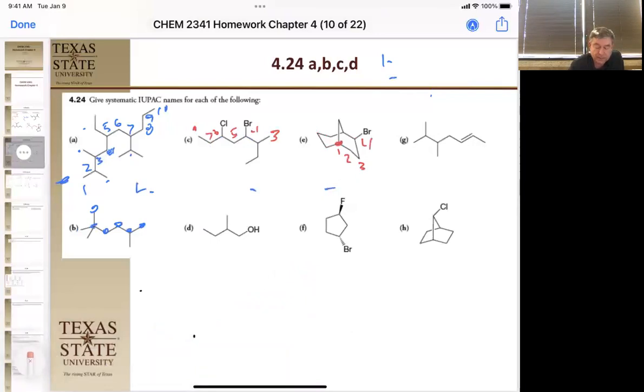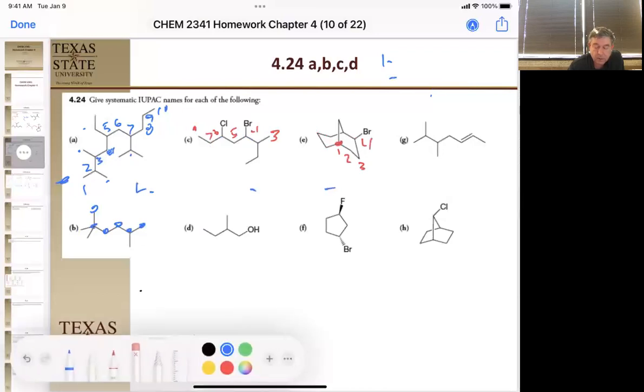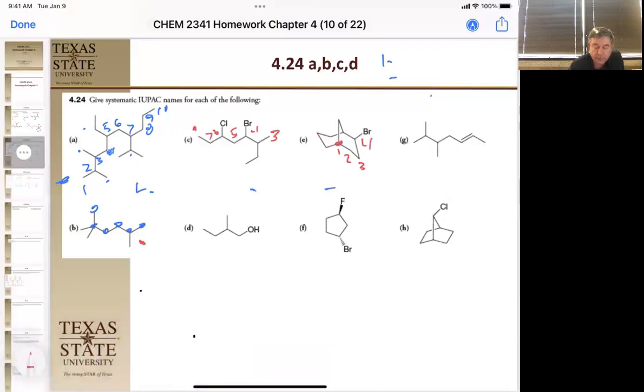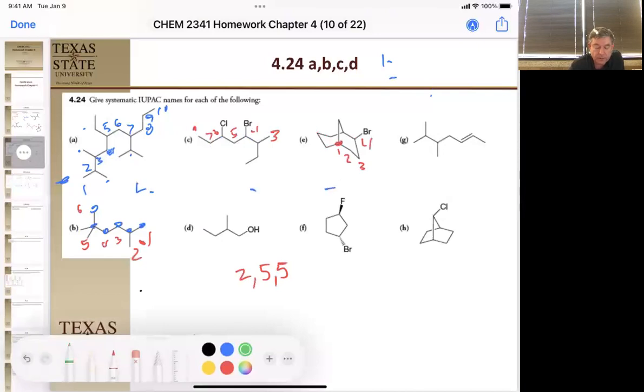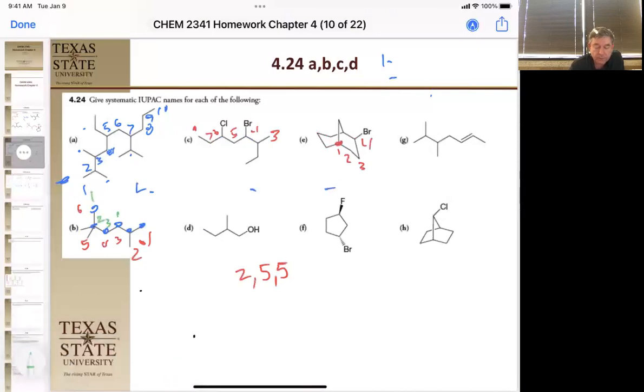All right, so let's see. We have substituents on, if we numbered this way, 1, 2, 3, 4, 5, 6, we would have 2, 5, and 5 in the red numbering system. If you number it from the other way, 1, 2, 3, 4, 5, 6, we would have 2, 2, 5. Do you see that these 2 substituents are going to be on the lowest number if we start numbering from the left side of the molecule?